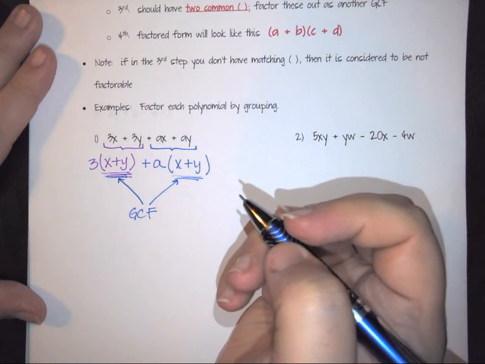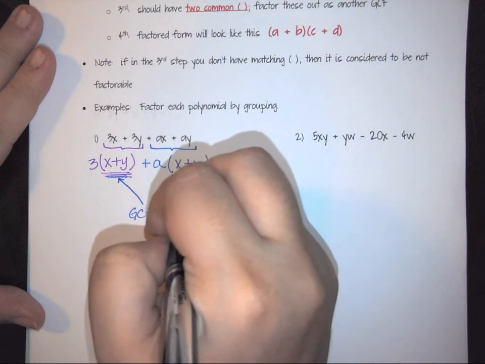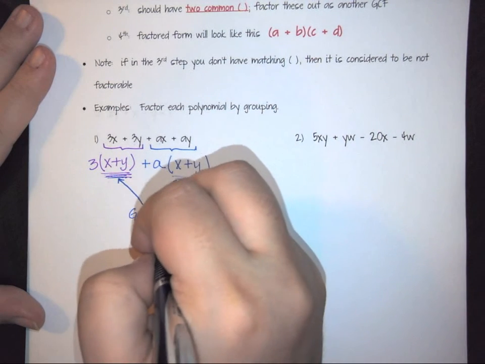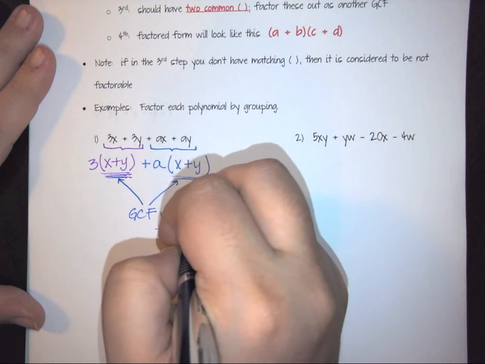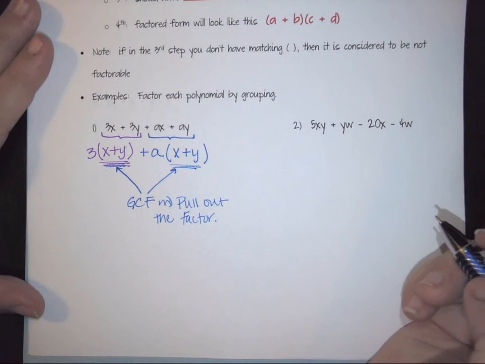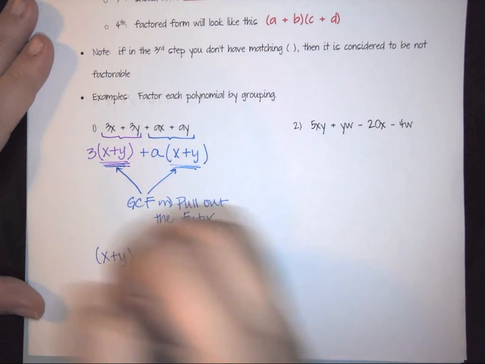Therefore, since these are the same, it means that this one and this one are also now a greatest common factor. In other words, what we're doing is you have to pull out the factor. So if we pull out that factor, it means the first factor we have is the x plus y.